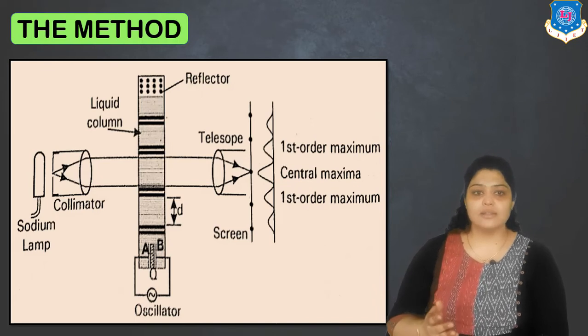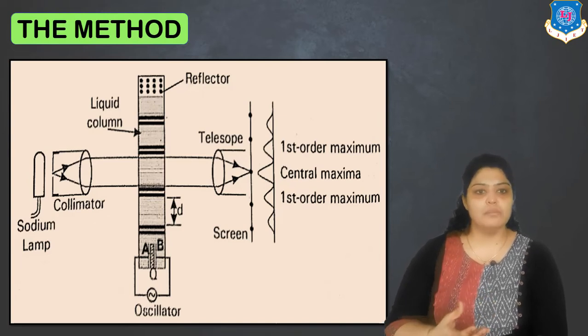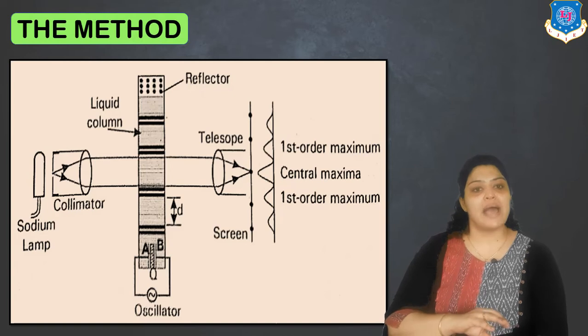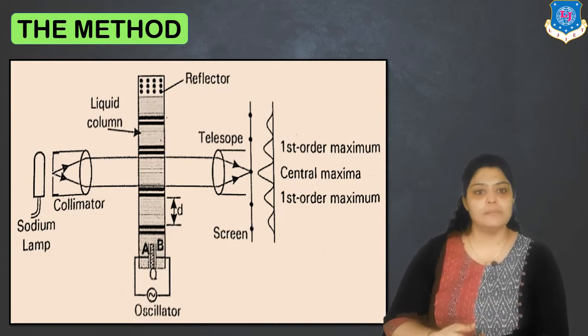Understood? Then, on the left hand side, you can see there is a sodium lamp. Now, sodium lamp is a monochromatic light source, having photons of only a single wavelength. But because it's in the form of a bulb, what we need is a parallel beam of light. So we pass this light to a collimator, which is an assembly of lenses.